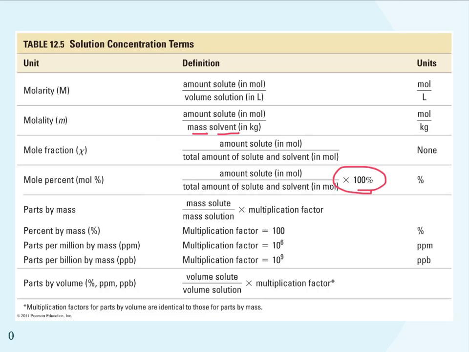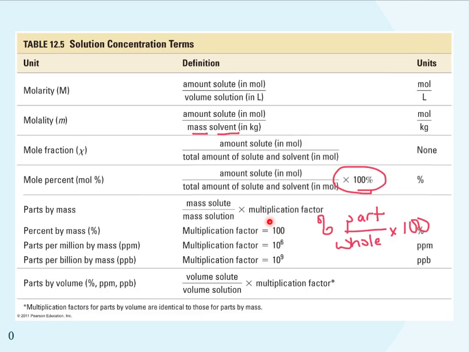Parts by mass, so we can talk about percentage, which is really a part, because in percentages we always have a part over a whole times 100, and that's what makes a percent. Well, a part per million or a part per billion are very similar, only instead of multiplying by 100, now we're multiplying by a different amount. So set up exactly the same way, just multiplying by some different factor. So those are all kind of similar.